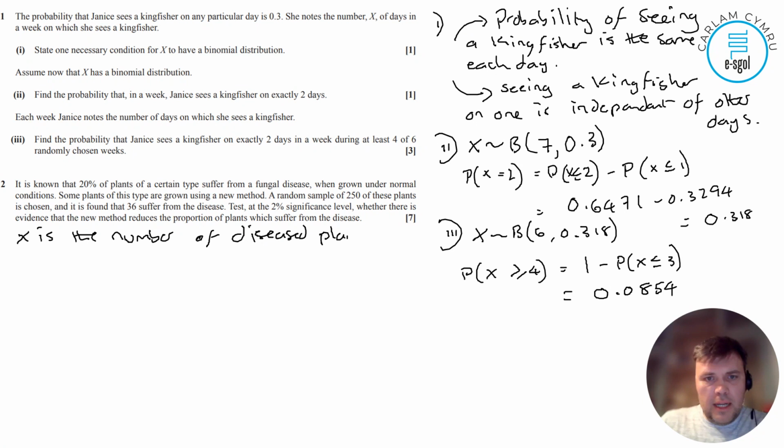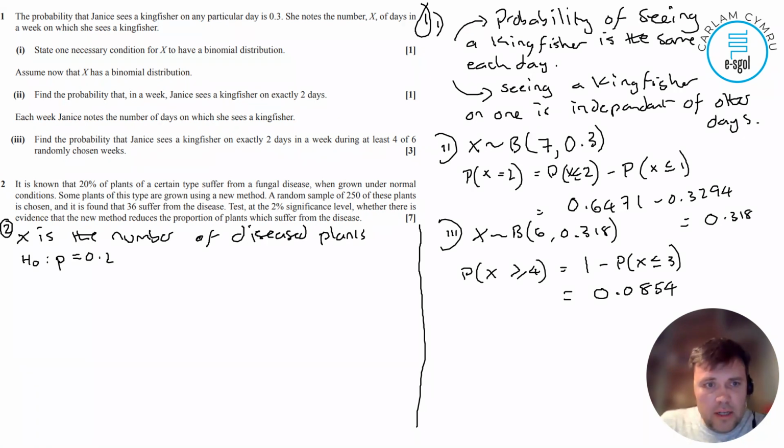I'm going to put a line down here so that we can know that this is question 1 and this is question 2. You put in your null hypothesis. So H0 is the probability is equal to 0.2, that 20% of them are diseased.